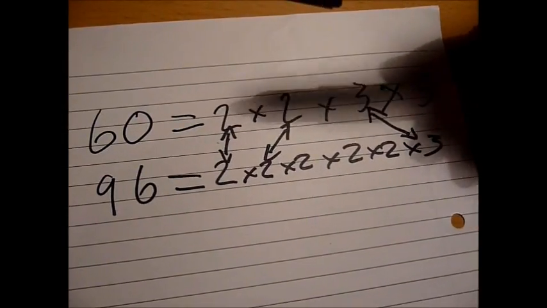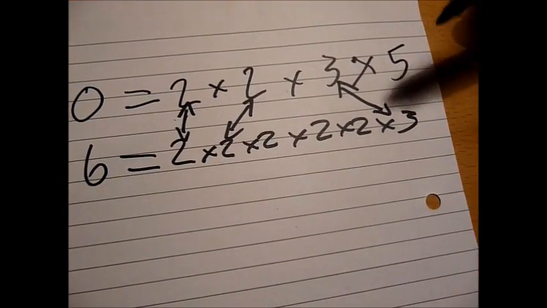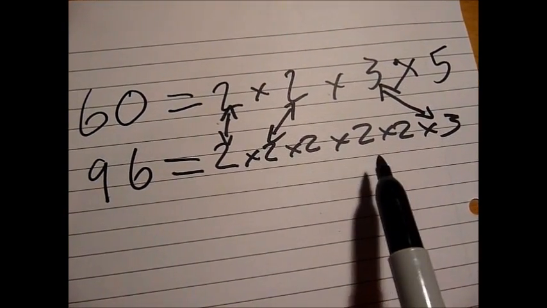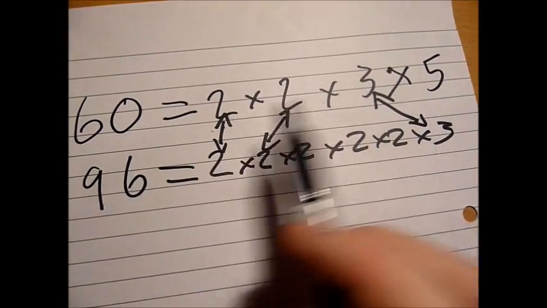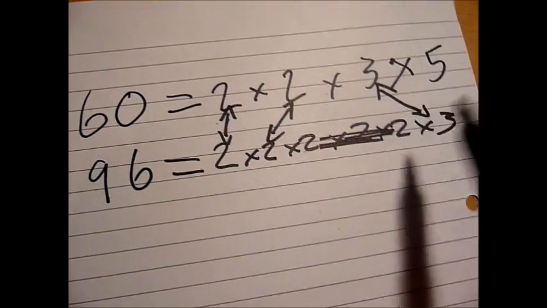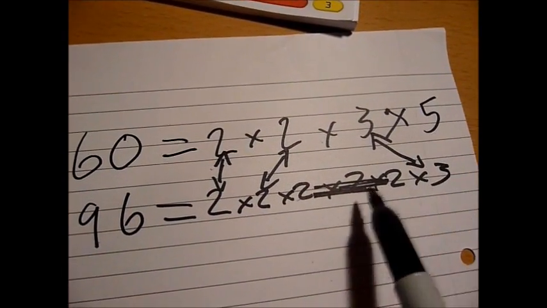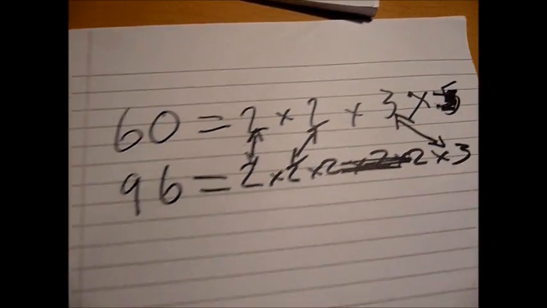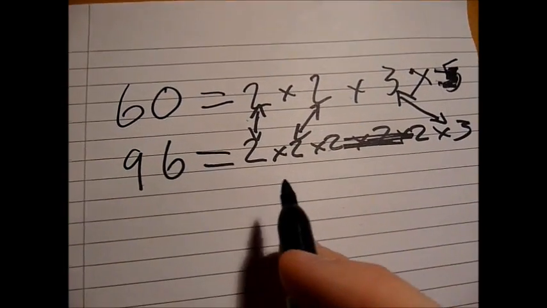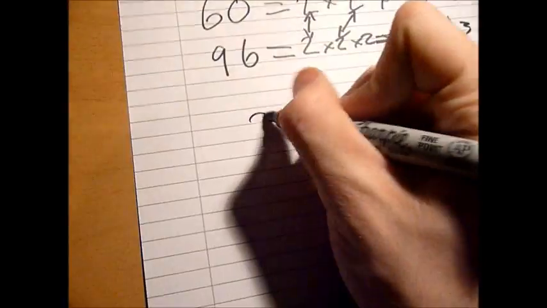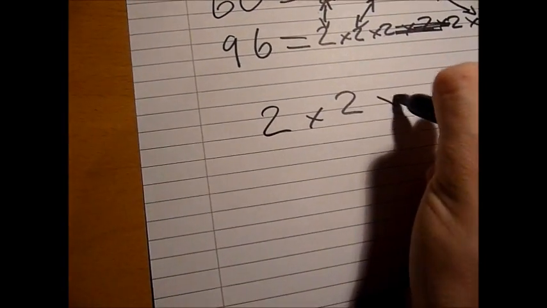So they've got two 2's in common and one 3 in common. These other 2's, because there are no more 2's in the other number, you forget them, so you can just cross them off. This 5, there are no 5's in 96, so they don't have that in common, so you can just cross that off. So there's 2 times 2 times 3.